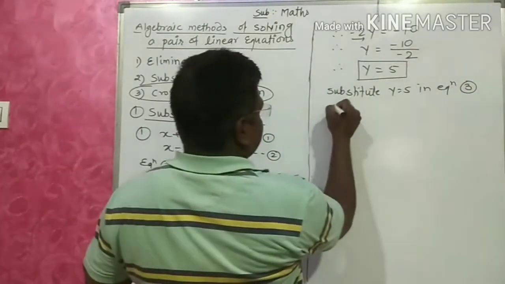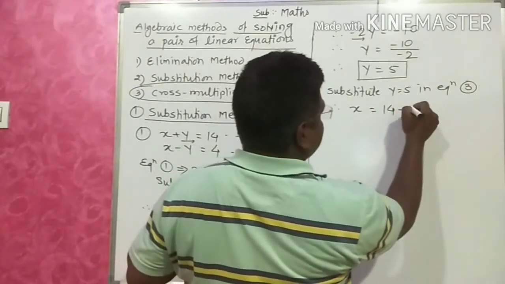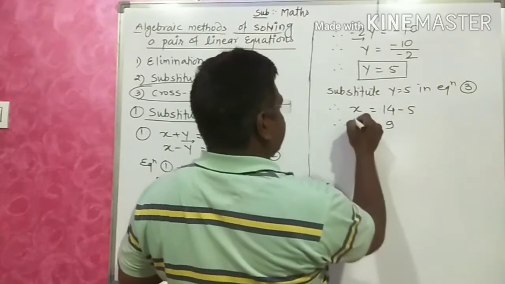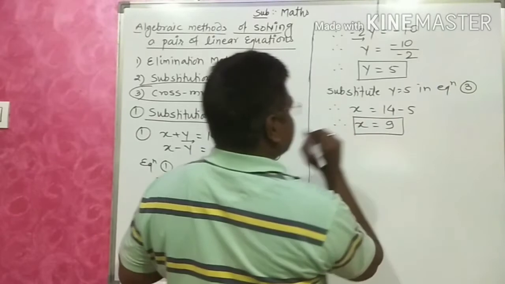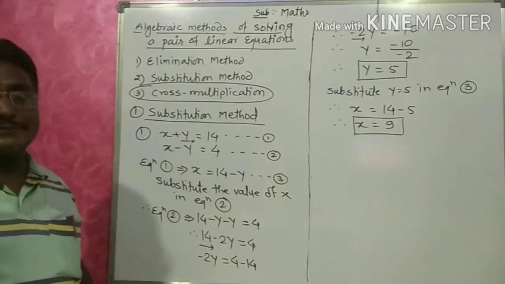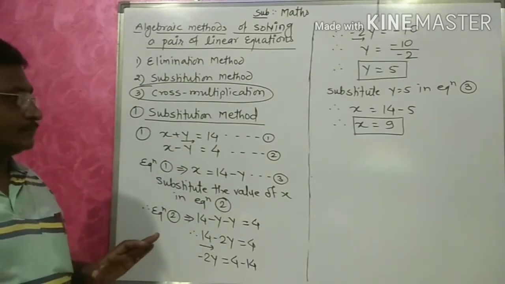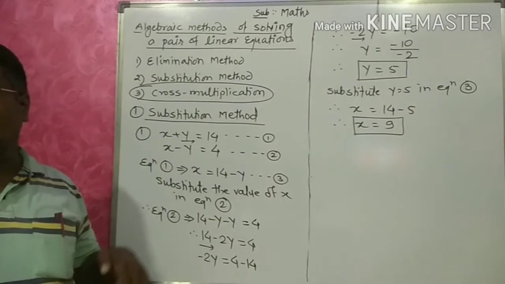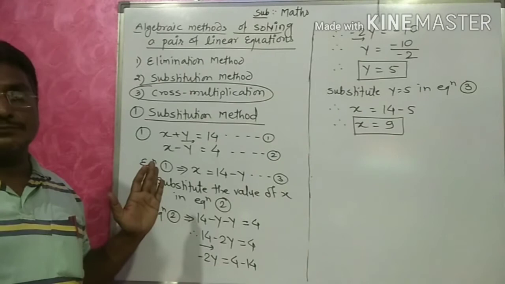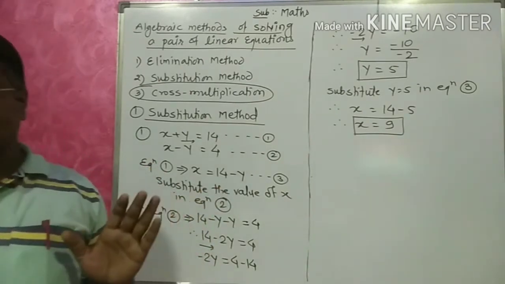Therefore x equals 14 minus 5, so x equals 9. Understood, students, how to solve this? Hope you understand this. If you have any doubt, ask me and I will clear your doubt. Understood? Now we will go to the second example.